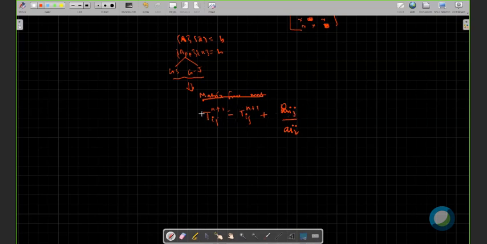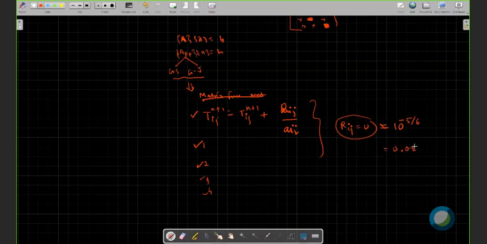For interior points you can have one equation, and for boundary points you can have others. For every boundary, left, right, top, bottom, you will have a different set of equations, and you can iteratively solve these equations till your r_ij becomes 0 or some very, very small value, like 10 to the power minus 5 or minus 6.